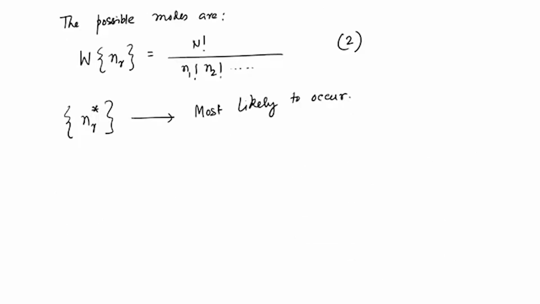So, what it means is that this gives us this W(N_R star) is maximum. So, that mode is maximum, or that comes with the maximum frequency, and we considered that distribution of particles to be a particular distribution N_R star.